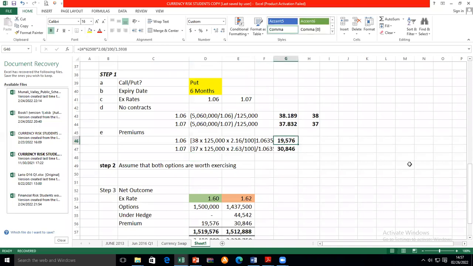So now finally, let's go: 38 by 125 by 2.16 divided by 100, divided by 1.0635.